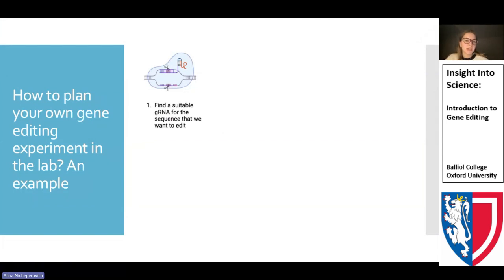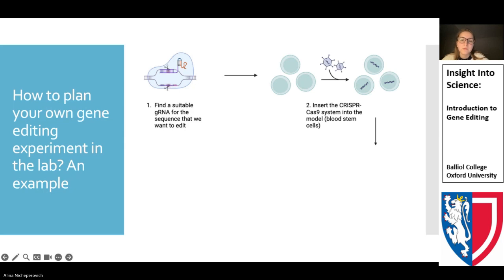We send it off to a company and they ship it back to us with a CRISPR-Cas9 system, which we can use. Then what we do next is we deliver this CRISPR-Cas9 system into the model organism, or the model system, which in this case is blood stem cells.